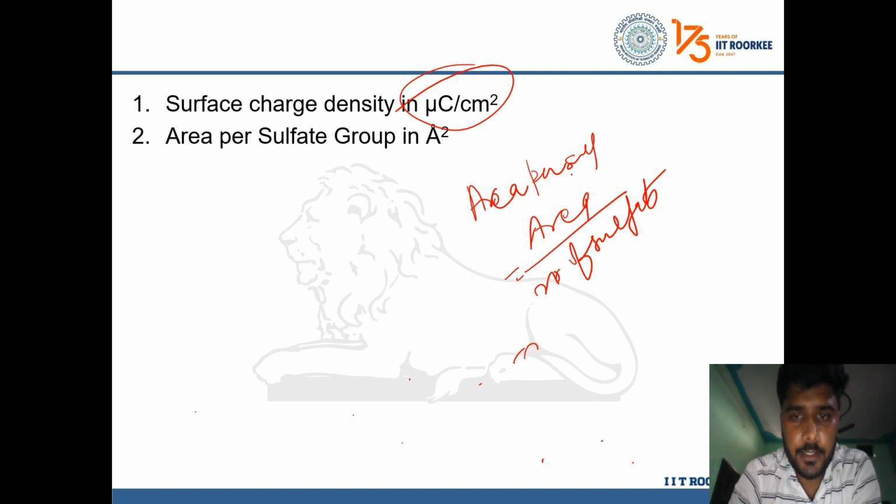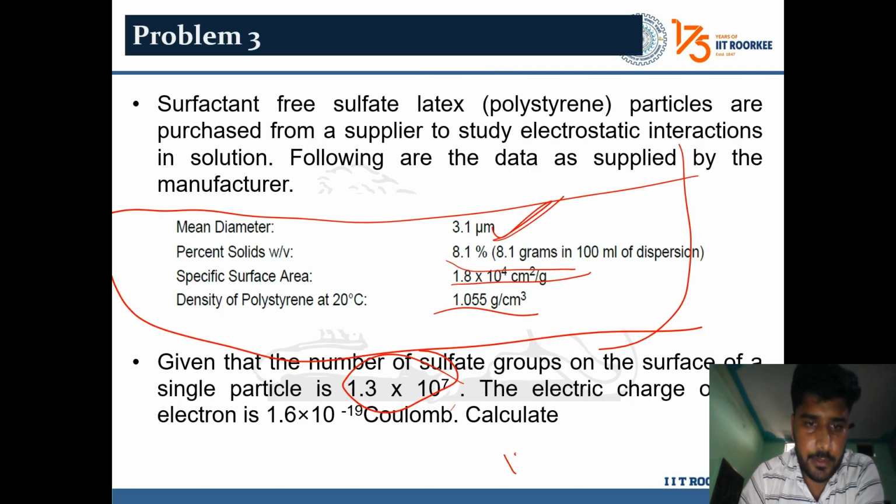The area will be this one, and the number of sulfate groups is 1.3 10 to the power 7.